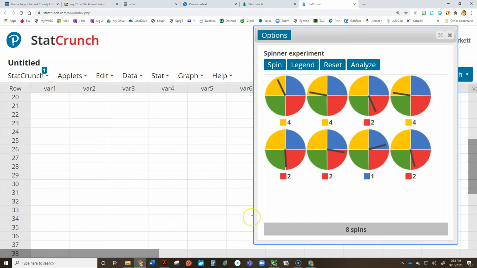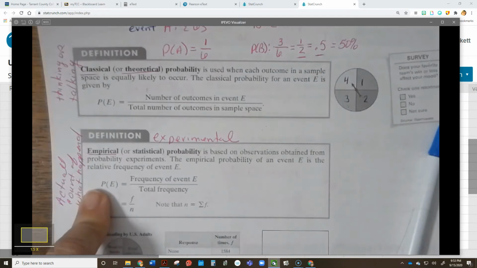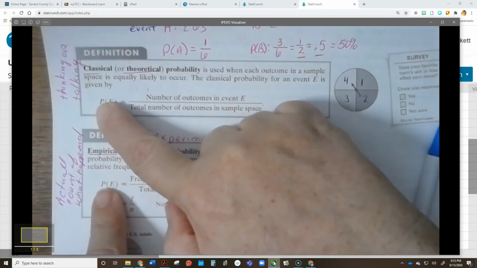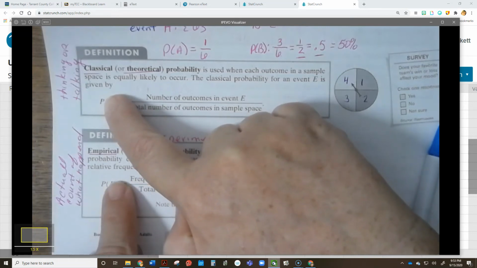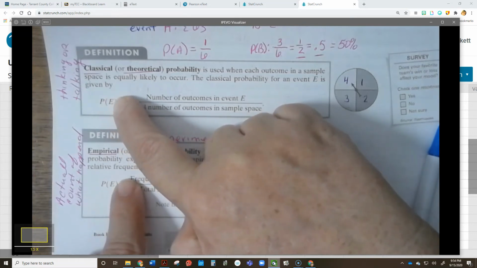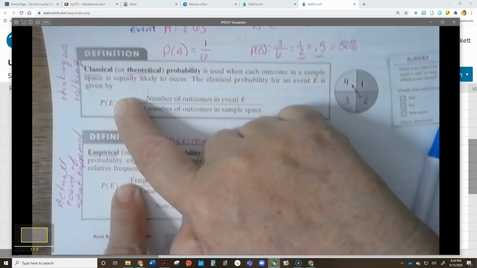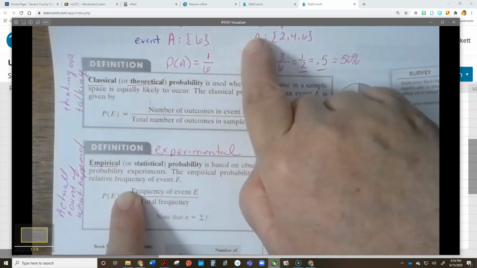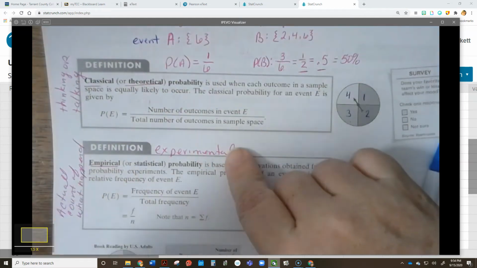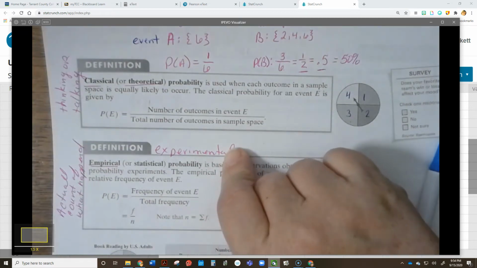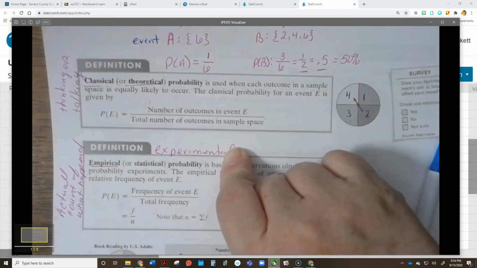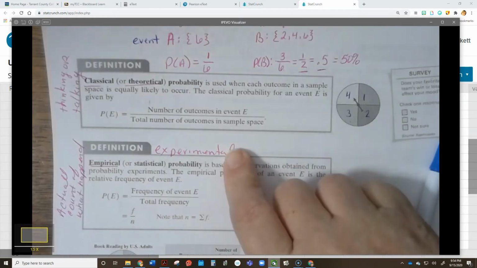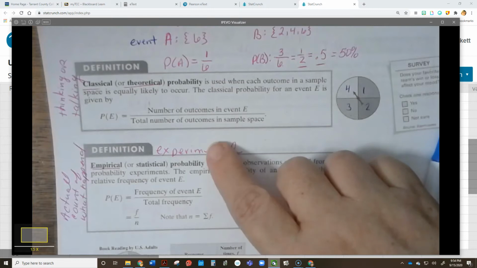And the difference between the two probabilities: notice that for the probability of an event, that's how we write it. The capital letter P stands for probability. E is whatever event. They're going to name them event A, event B, event heads, event tails, event Queen of Hearts, whatever the event is.